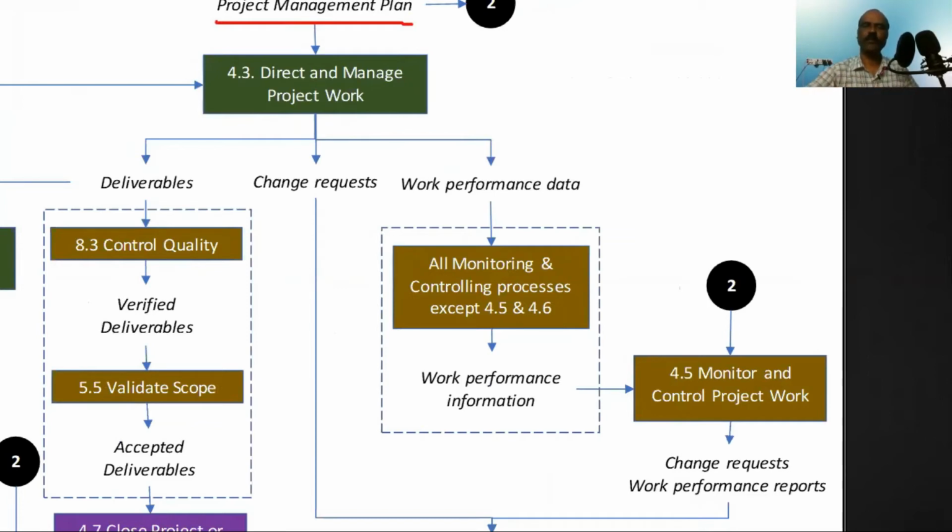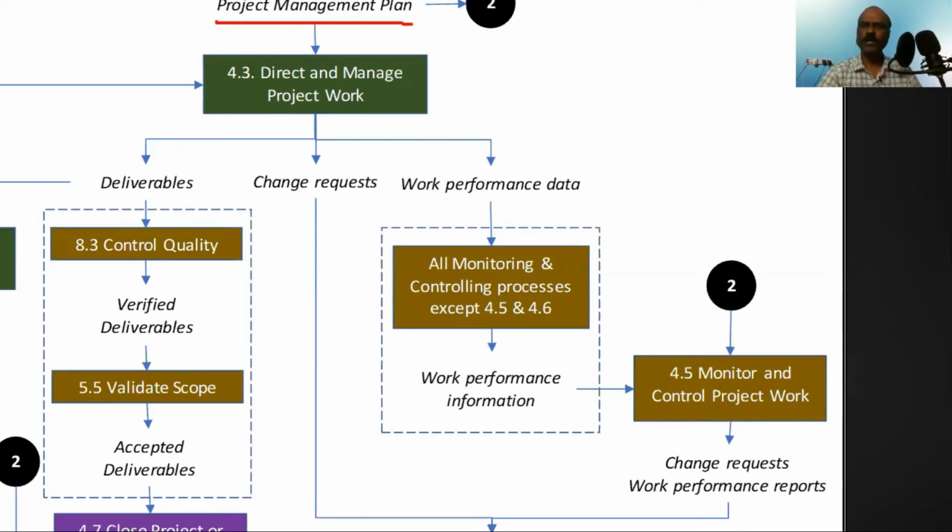And this work performance data goes as an input to monitoring and controlling processes. I showed you the flow chart yesterday, where the work performance data goes as an input to various monitoring and controlling processes like control costs, control schedule, control resources, control quality, and so on.